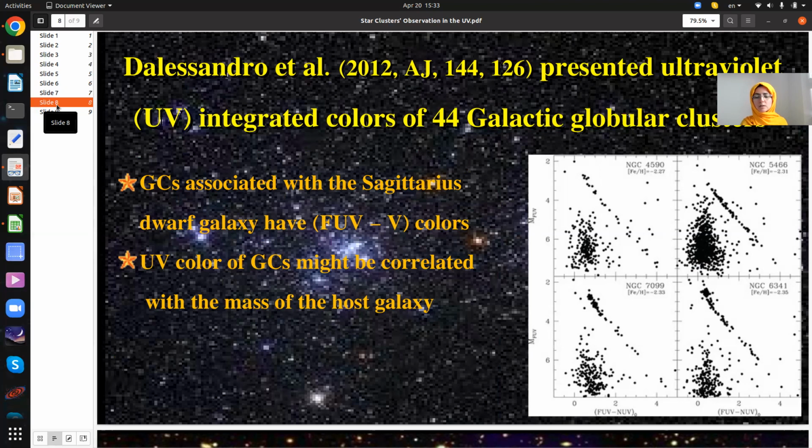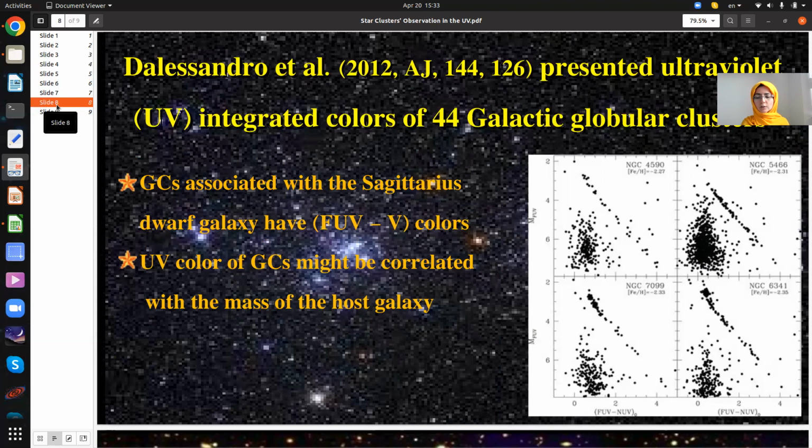This database is the largest homogeneous catalog of UV colors ever published for stellar systems in our galaxy. The proximity of GGCs, or galactic globular clusters, makes it possible to resolve many individual stars, even with the somewhat lower spatial resolution of GALEX.